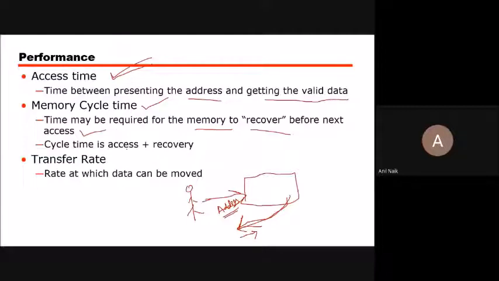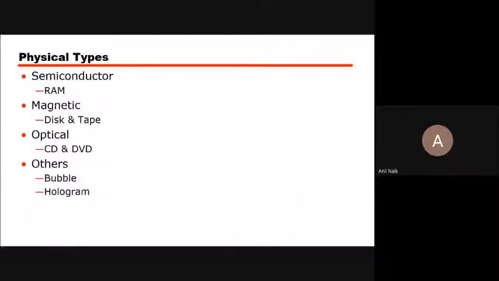So cycle time is access plus recovery. Recovery means before starting the next data access. The transfer rate is the rate at which data can be moved.